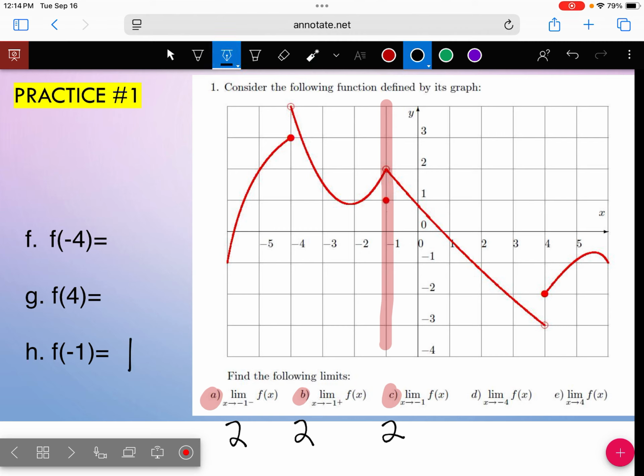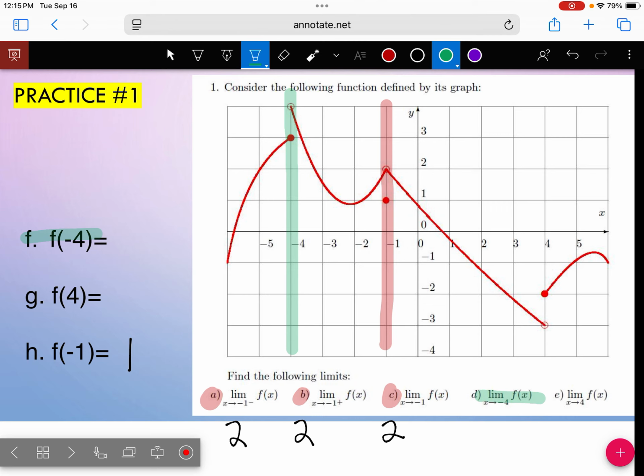All right, now for D, it says look at -4. So -4 is right here. I always start by asking myself, what is happening there? What is my discontinuity? If you can identify if it's continuous, removable, a jump, or infinite, that's going to help you determine what the limits are.